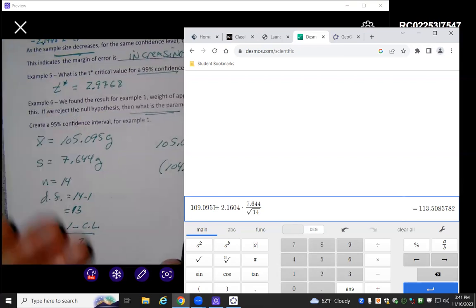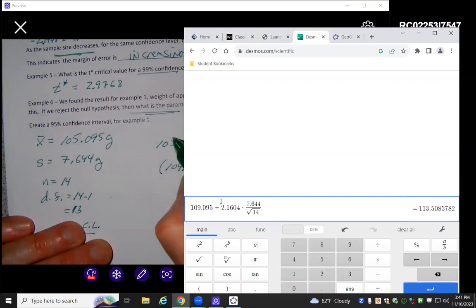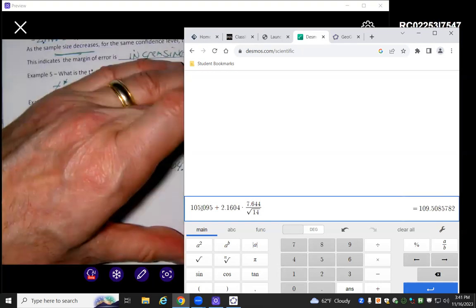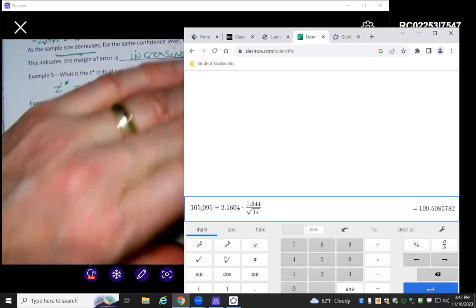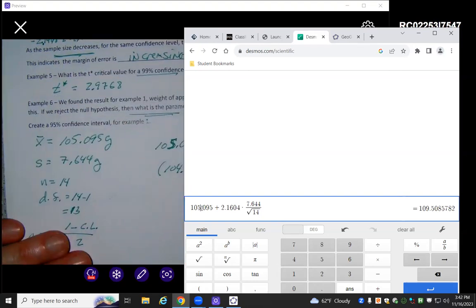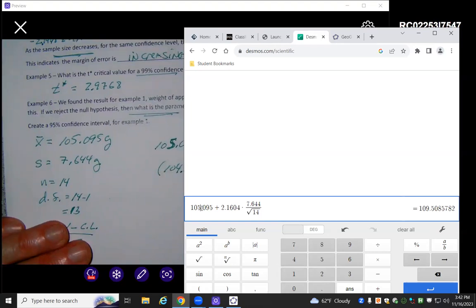So what does this say? Well, oh, you know something? I messed up. That's a 5, not a 9. Oh, embarrassment. So this is not right. My upper value is 109.51.